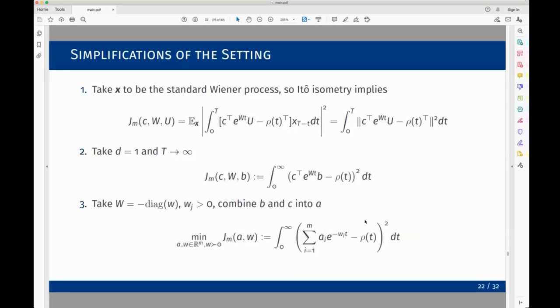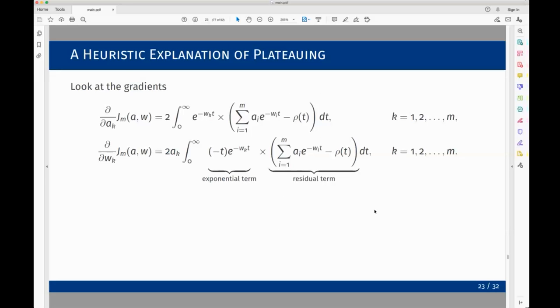This is the loss function we would like to analyze under the GD dynamics. Although this requires some further simplification, once we accept it, we can get a very intuitive insight into why the plateau happens.